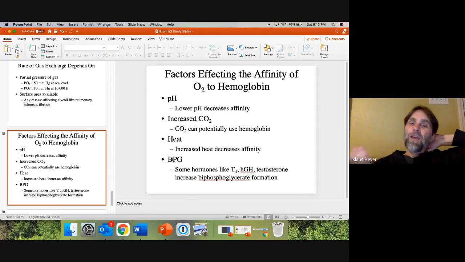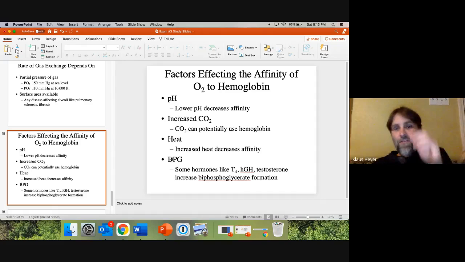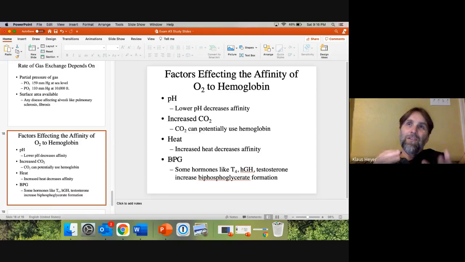Heat, like fever, right? So a higher heat makes the affinity go down, so it makes how much oxygen likes hemoglobin go down, meaning that it doesn't let hemoglobin stick to oxygen. In that case, it's good because you're trying to get oxygen off of your red blood cells and you want them to go to tissues.